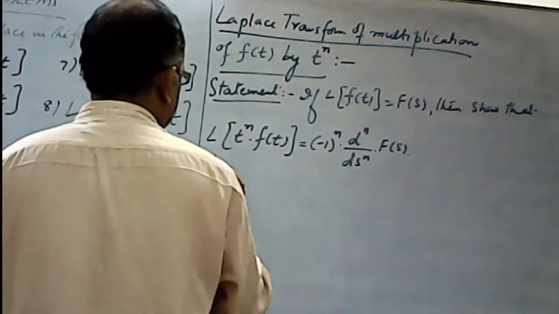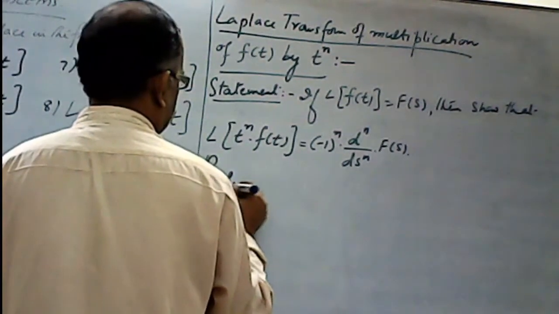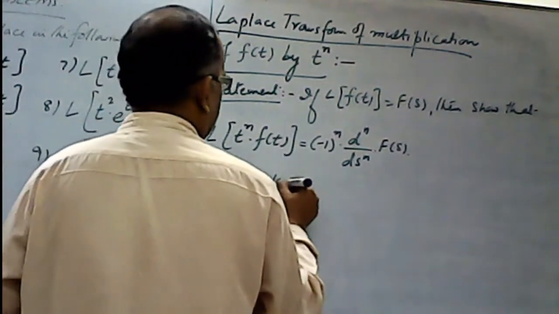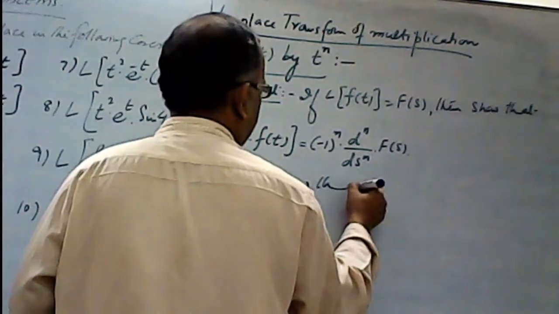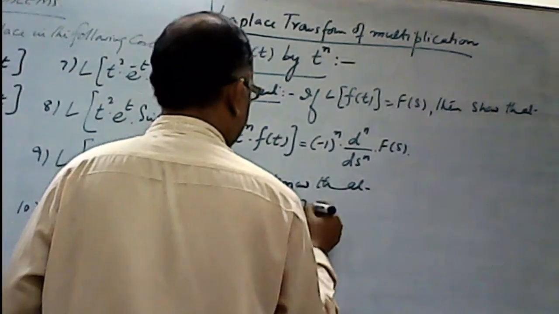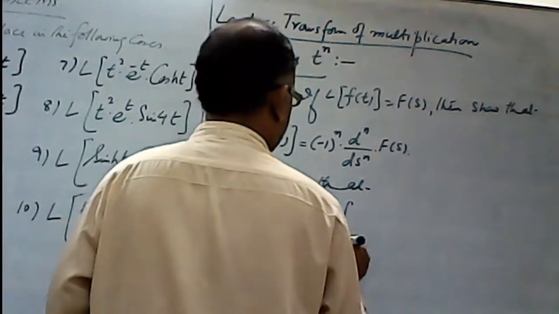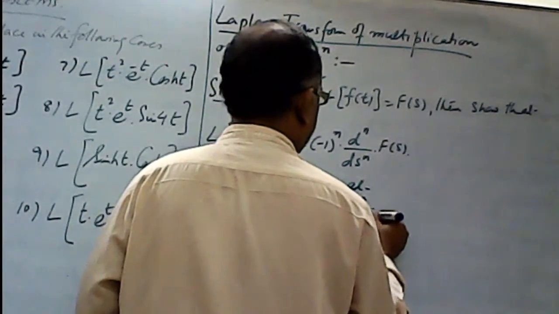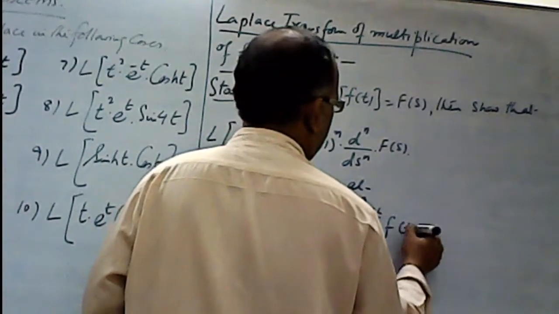So the proof is, we know the formula of definition and we are utilizing the same formula, integral of e power minus st f of t dt.